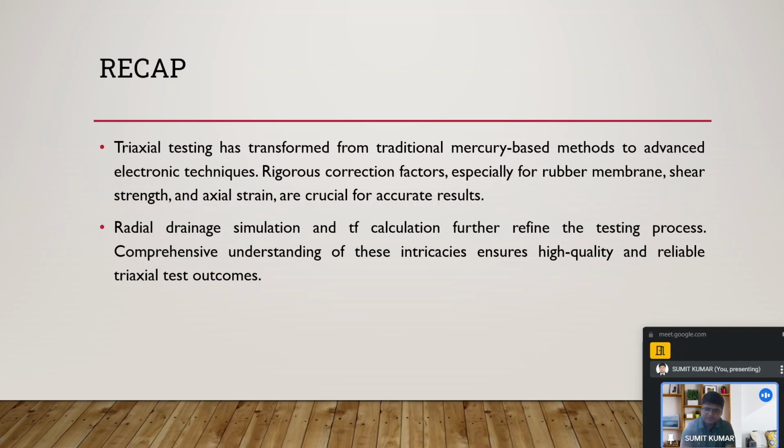Radial drainage simulation and time factor calculation further refine the testing process, and understanding of the interfaces induces higher quality and reliable triaxial test outcomes.